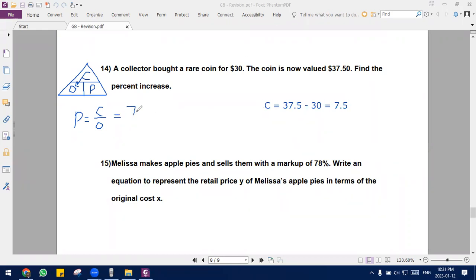We put 7.5 divided by the original value, which is 30. So when you divide it, use your calculator, you will get a decimal value, which is 0.25. But the question asked me for the percent increase. So you multiply it by 100 to make it percent. So it's 25%.